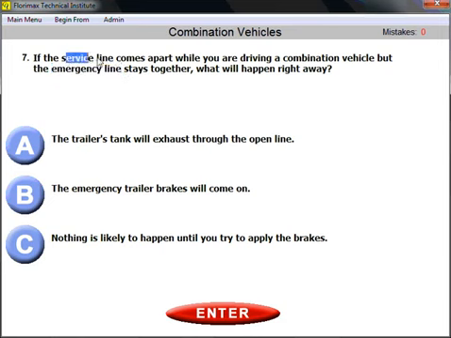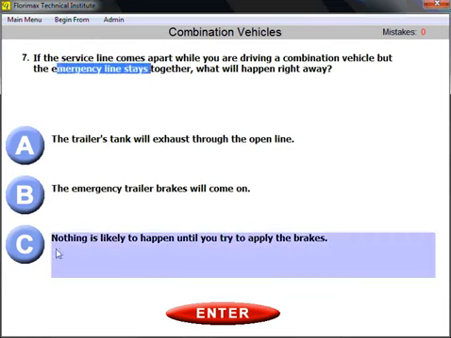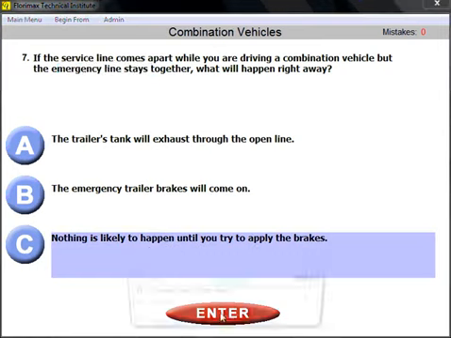But when the service line comes apart and the emergency line stays together, nothing is going to happen until you try to apply the brakes.